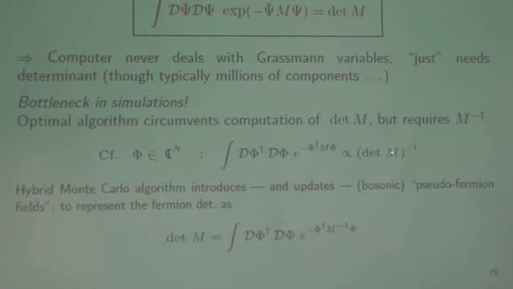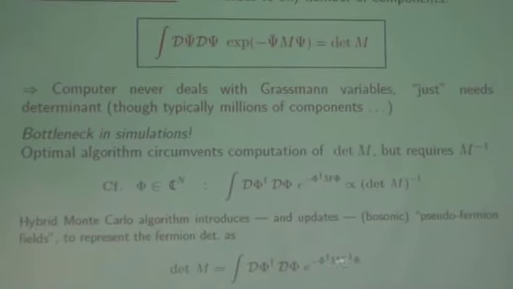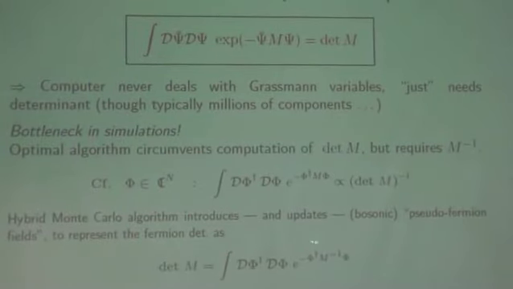So we can write this determinant as e to the phi m to the minus 1 phi, and then update these gauge fields. And then what we still have to do is to compute the inverse of the matrix, which is also unpleasant if you have millions of components, but it is not as bad as calculating the determinant.